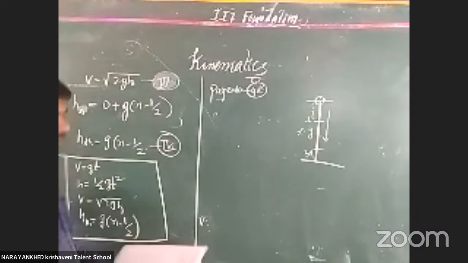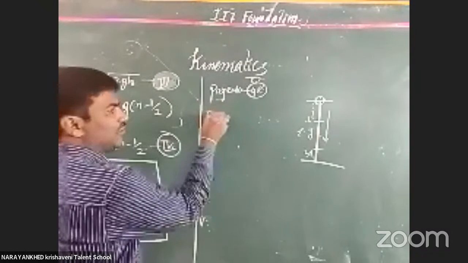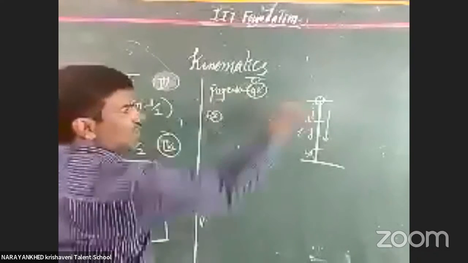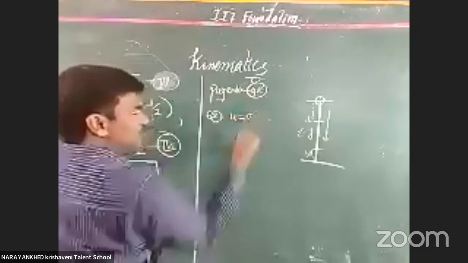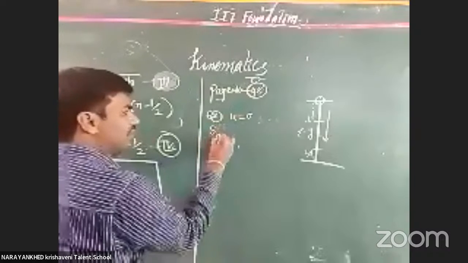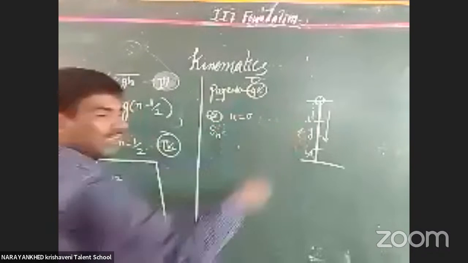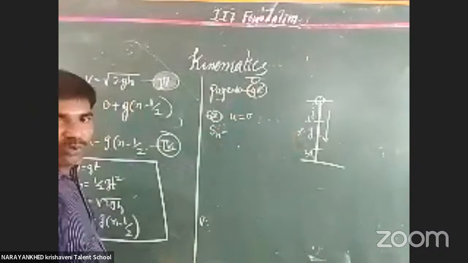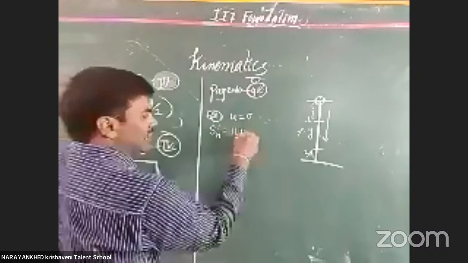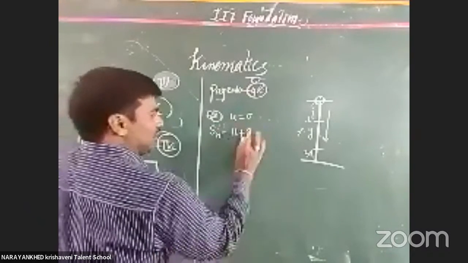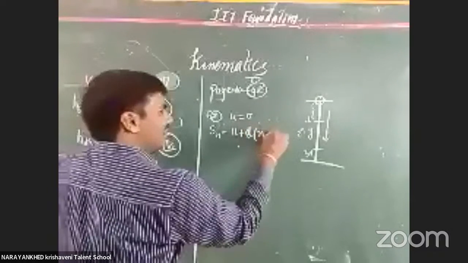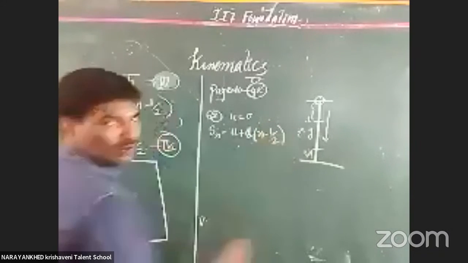Here, the initial velocity of the body is equal to what? u equal to 0. Then the fundamental formula is Sn, the traveling distance, equal to u plus a into (n minus 1) by 2. Clear or not?